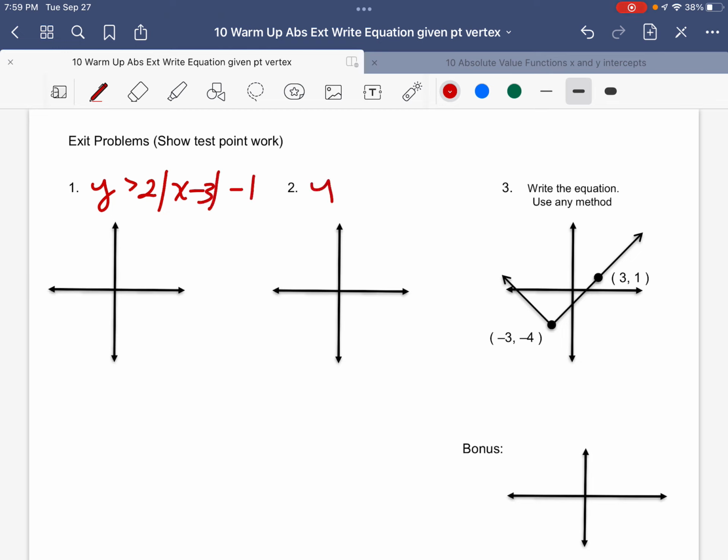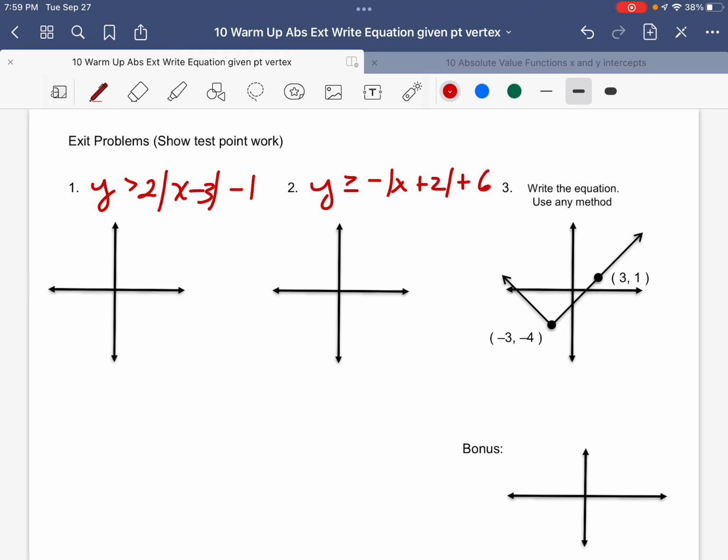The second one is going to be y greater than or equal to negative absolute value of x plus 2, plus 6. And in the last one, you're going to try to write an equation for the given graph. That kind of looks a little bit like what we did in the warm-up.